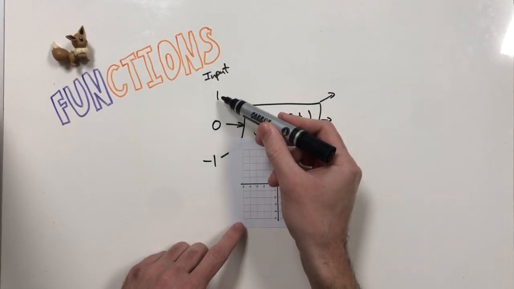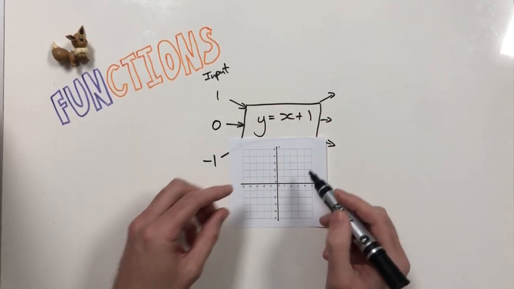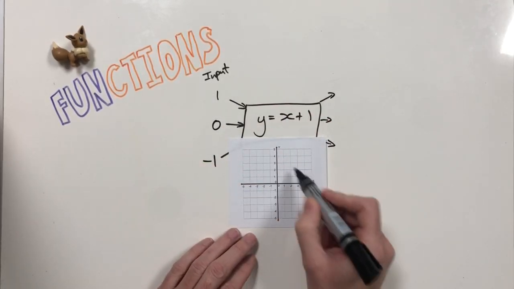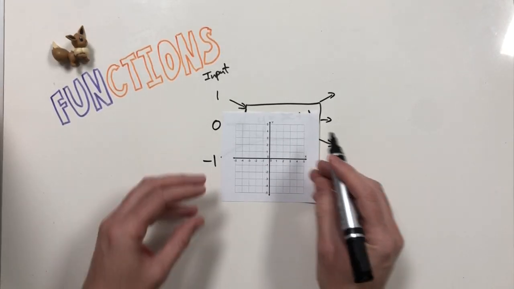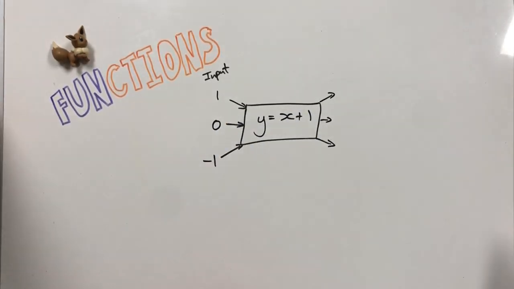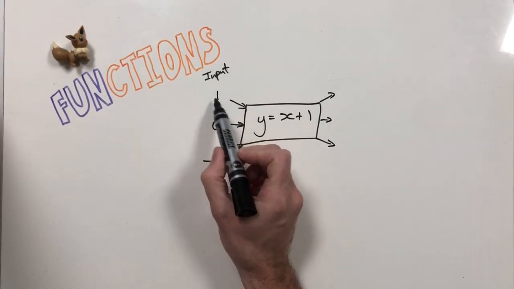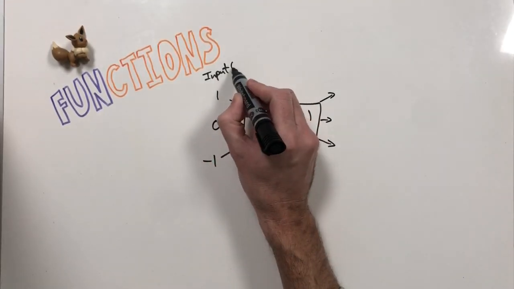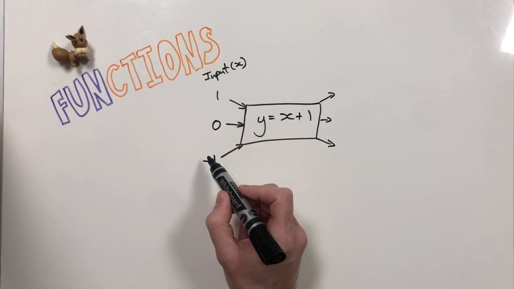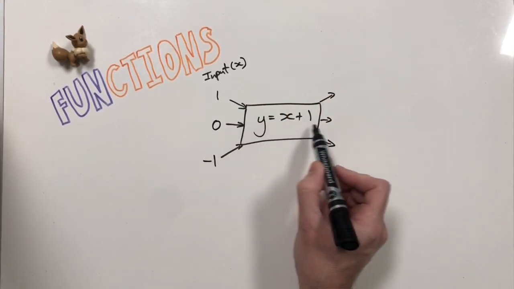So when I choose 1, 0, negative 1, I try to get points close to the origin, so that when I have a small graph, I can still plot the points. Okay, but let's take a look at this. For this input of 1, and this input would be my x values, we'll see later there are different ways of writing this.